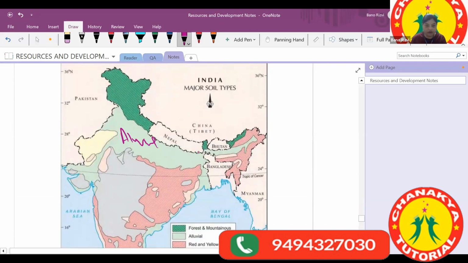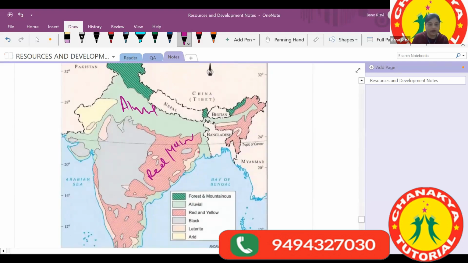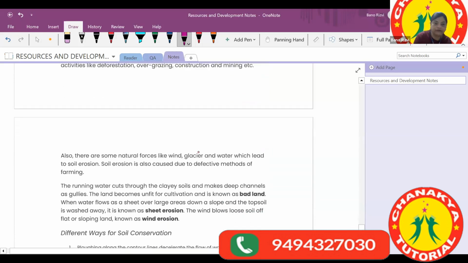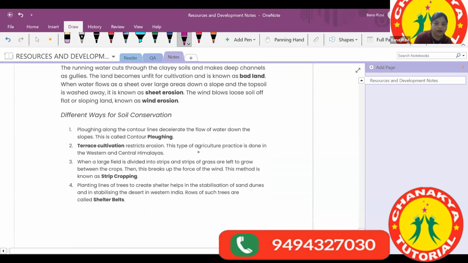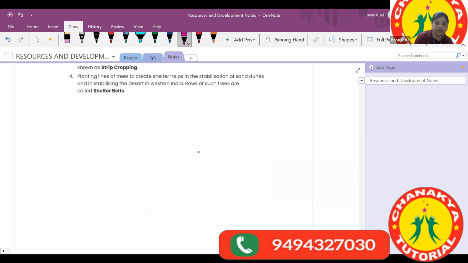Here we have red and yellow in the pink areas, and we have arid, that is the dry land in Rajasthan. And we have laterite here, that is a very light pink. We have to talk about soil erosion and the different ways of soil conservation.